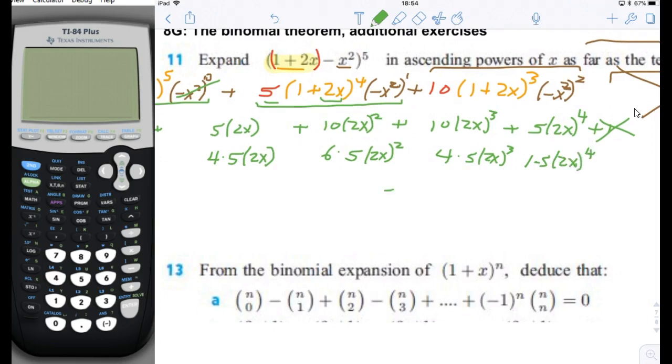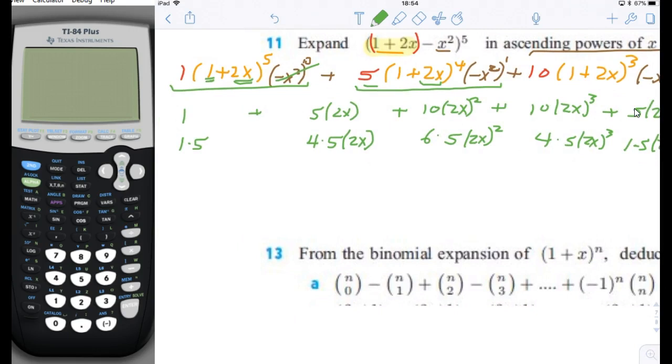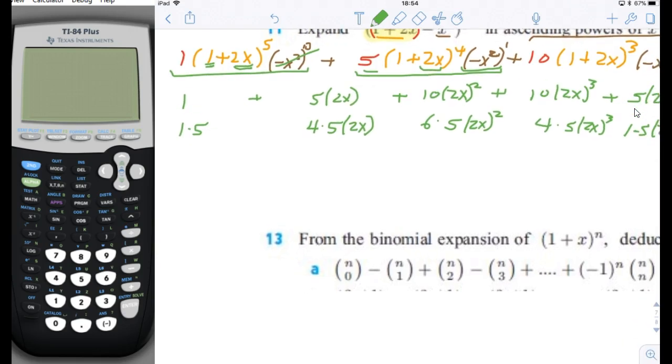I don't think we're going to be seeing some of these because look at this. We are also going to multiply every single term by negative x squared to the first. So let's see what that looks like. We're going to do negative x squared, negative x squared. Do you see how this is already x cubed? Negative x squared.